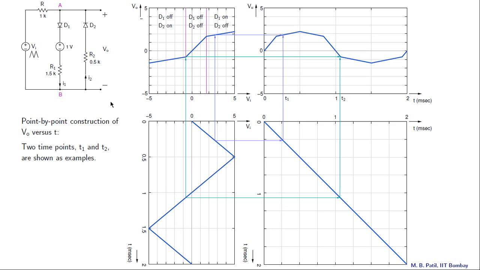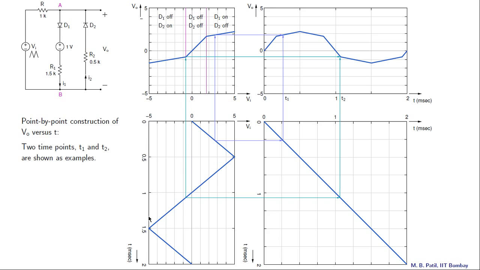The next part of our problem is to find VO as a function of time given a triangular input voltage varying from minus 5 volts to plus 5 volts with a frequency of 500 Hertz. So here is our input voltage waveform. This is the Vi axis.